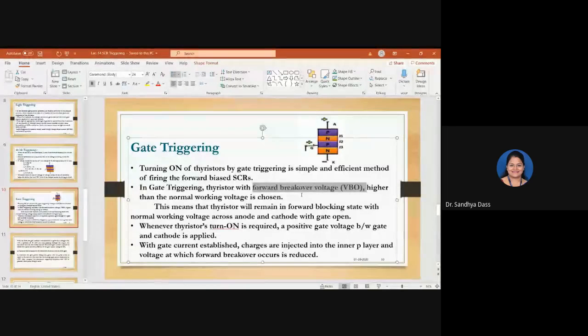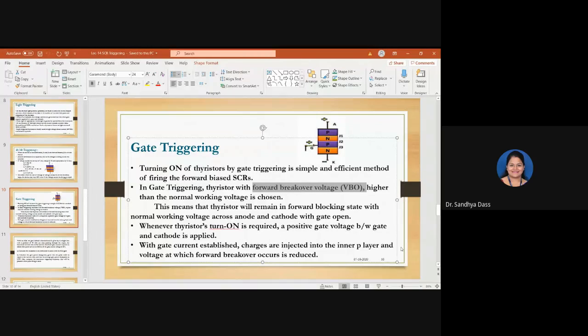What happens if the breakover voltage is this much? What happens with a triggering current this much? If the triggering current is increased, then what happens? All these points are summarized here. These are the different ways you can turn on the SCR, right?